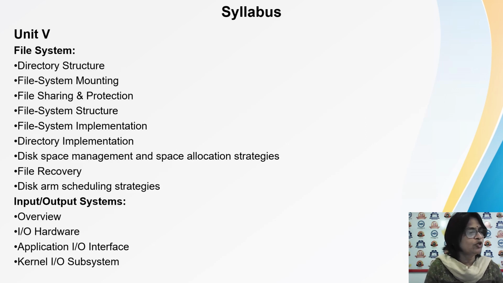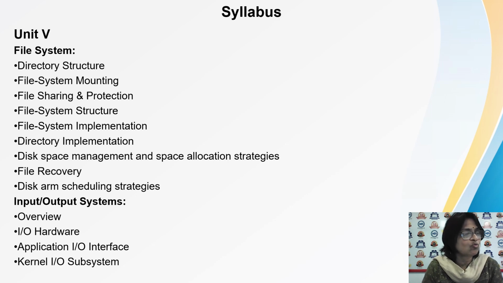In the fifth unit, main memory is generally smaller, so it cannot accommodate all the programs and data. So systems are provided with secondary storage to back up the main memory, as well as to store the data permanently.